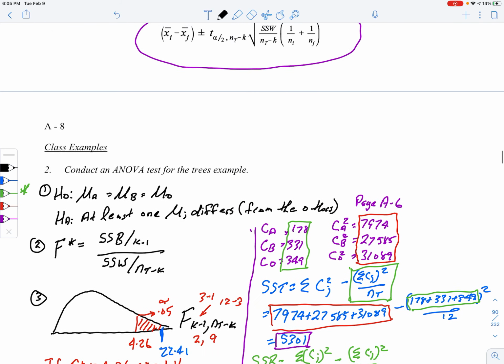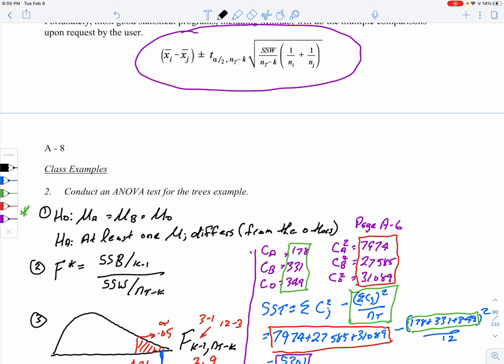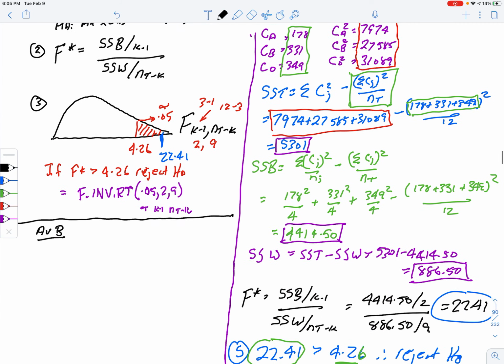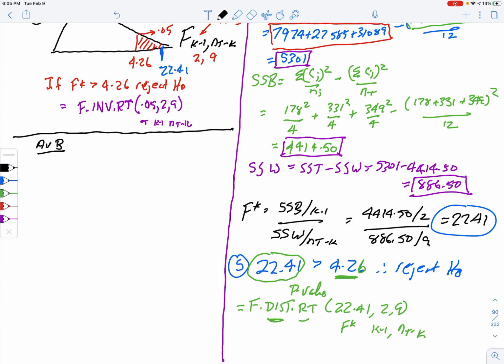And the formula that we're going to use is this one up here, where we just replace the subscripts here for Alberta and BC. So this is how it works: we take a difference of means.